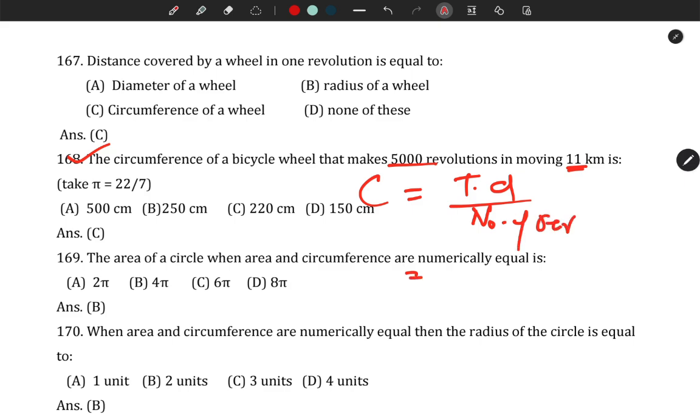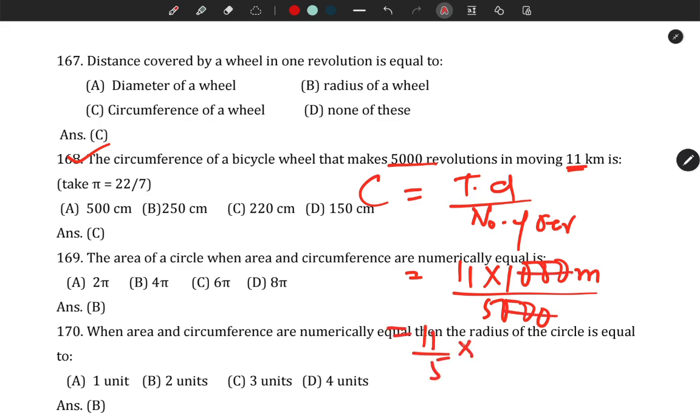So total distance here is 11 kilometers, let's make it meters, divided by 5000. This will cancel out, so we're left with 11 by 5 in meters, and if you want to make it centimeters, we multiply by 100, so we can cancel again, and we get 220 centimeters. So the correct option is C, 220 centimeters.